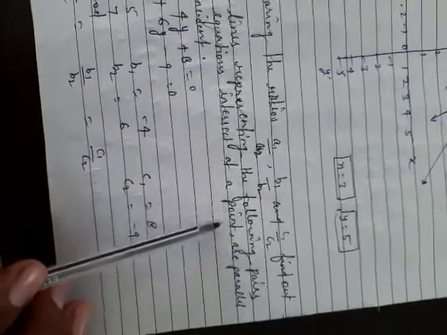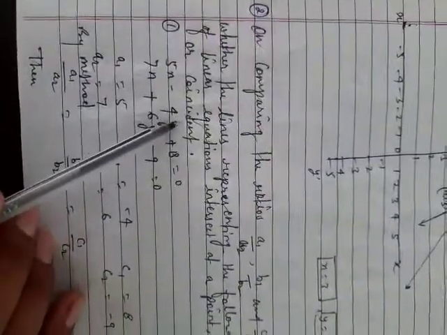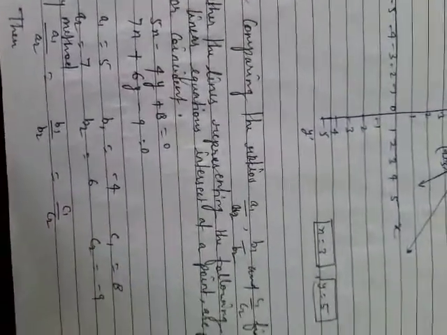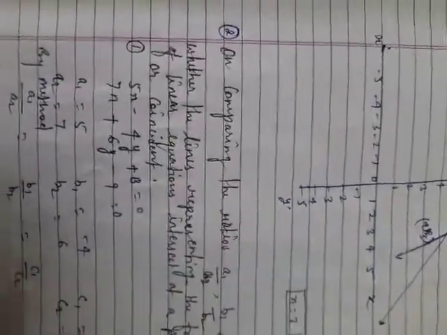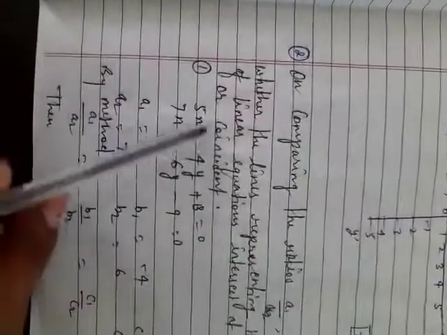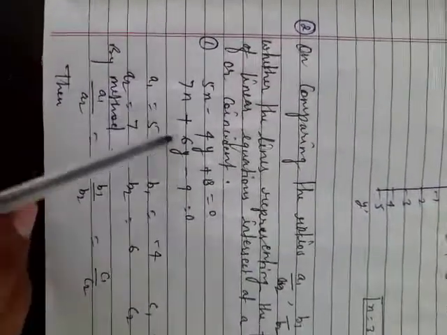Here we compare the ratios a1 upon a2, b1 upon b2, c1 upon c2. This sum is asking whether the lines intersect at a point, are parallel, or are coincident. Is this the question? Okay, I'm coming to the point. 5x minus 4y plus 8 is equal to 0, 7x plus 6y minus 9 equals 0.